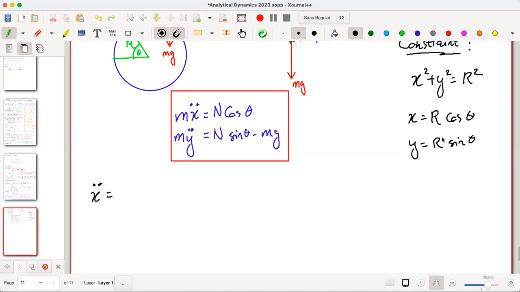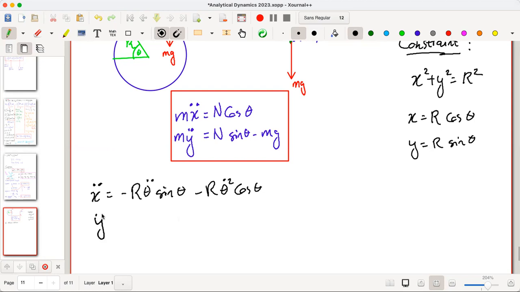When you take the derivative once again, you end up with x double dot equals minus r theta double dot sine theta minus r theta dot squared cosine theta.